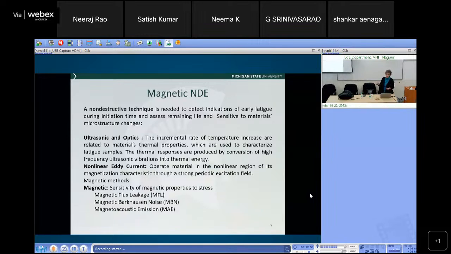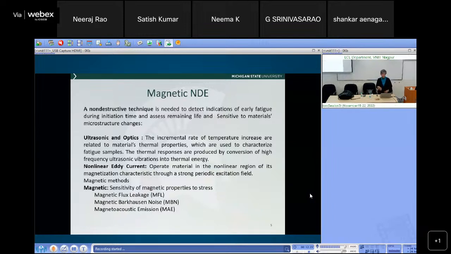Fatigue also changes the thermal properties, so the rate of increase of temperature will be an indication of fatigue damage. We use fiber optic sensors for determining thermal changes, small rates of change of temperature. We have a faculty member who works on that.